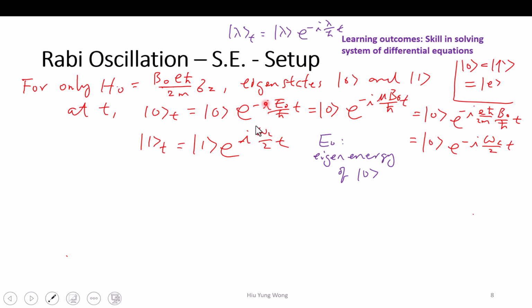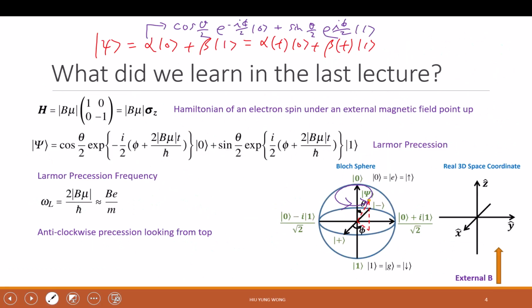From quantum mechanics, we know this is true. If you don't like this, you can also use the Larmor precession equation to find out that it is going to evolve in this way, because this turned out to be its eigenenergy.